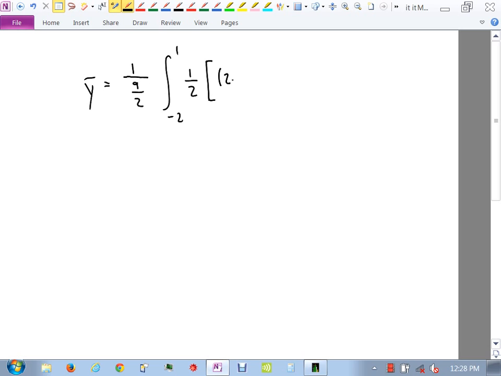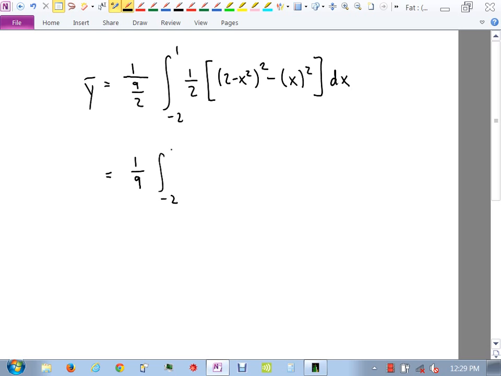So my f squared, which was 2 minus x squared, got to square that, minus the other function, which was just x, and I've got to square that, dx. Questions on any of that? Let's see, 9/2 flips up, comes 2/9, and then hits the 1/2, and that just becomes 1/9.